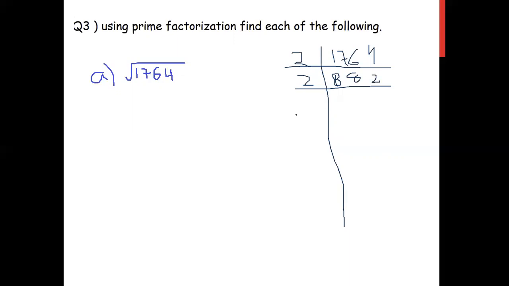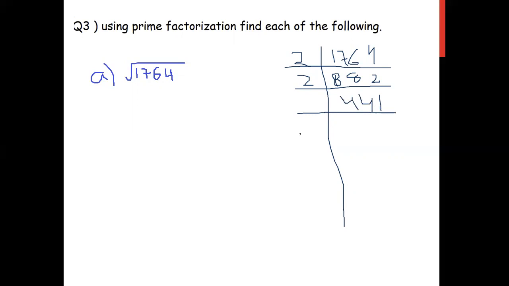Usually sometimes you're allowed calculators in this part, but it depends where you're studying. This is basically a Cambridge book, so we are studying Cambridge. Now 882 can be divided by 2 again, as this will divide into 441.